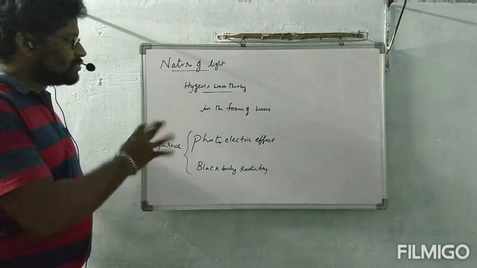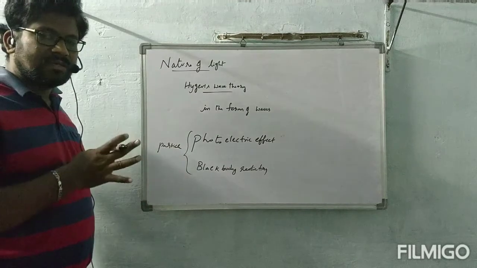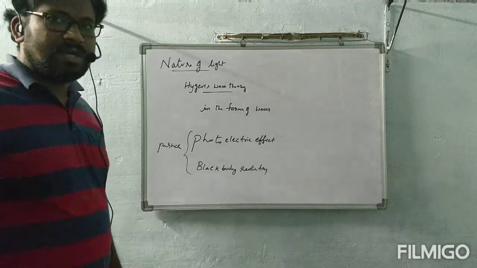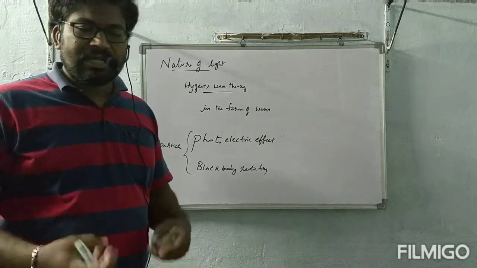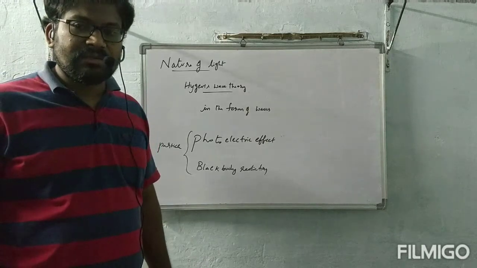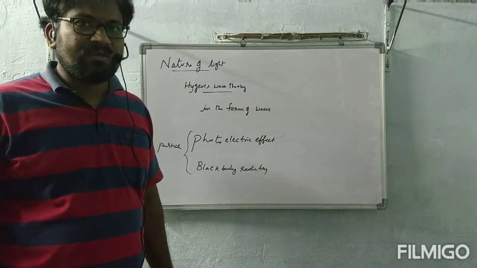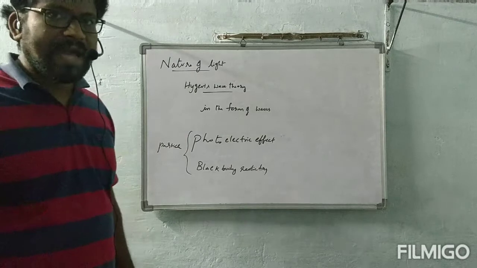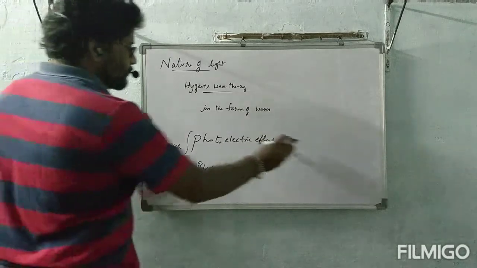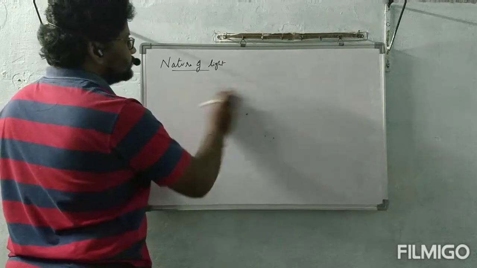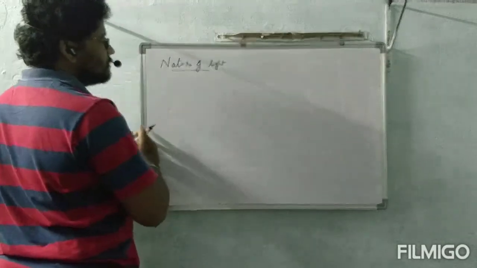So two scientists, Newton and Huygens, separately considered particle nature and wave nature. They did not succeed completely. That's why, after some more years, one more scientist came forward, Max Planck.